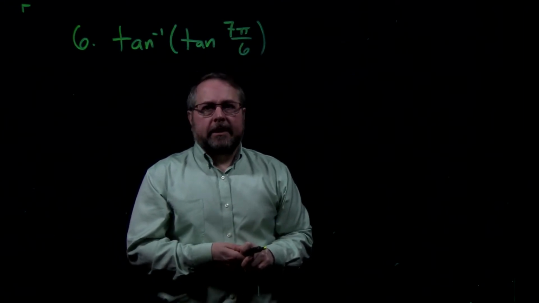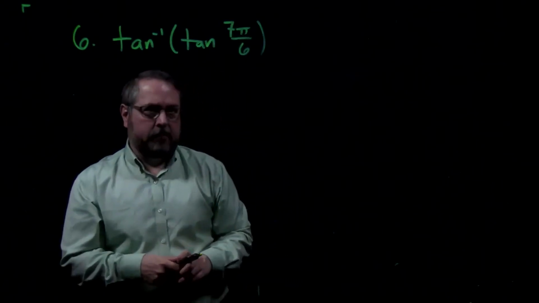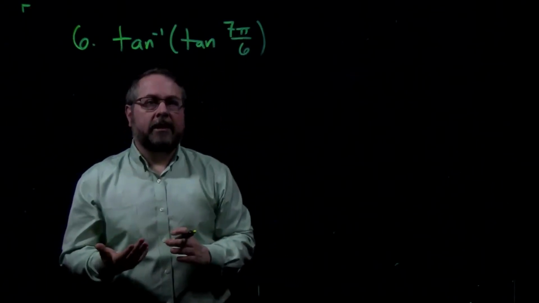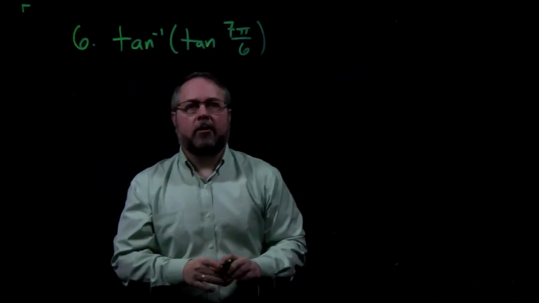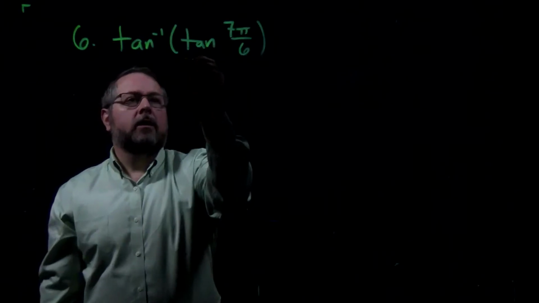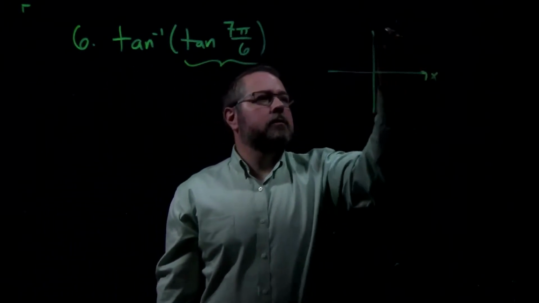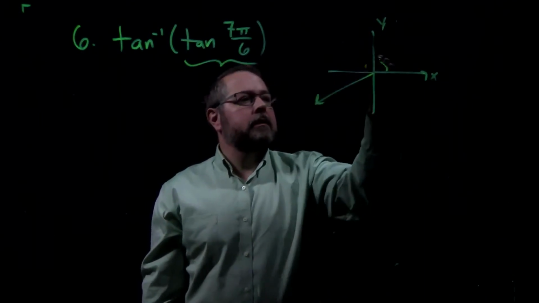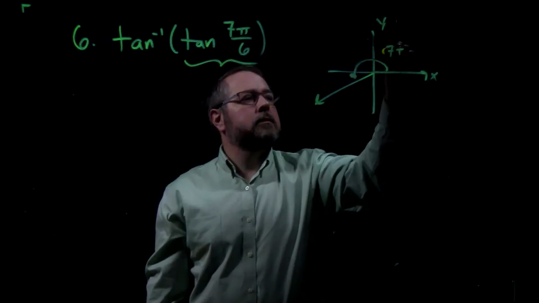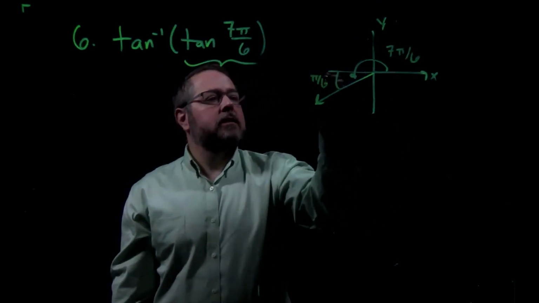All right, so this is actually one that we can do by evaluation. We don't have to think too hard about definitions here. So let's go ahead and do this by evaluating the inside to start. The tangent of 7 pi over 6, just to remind you, 7 pi over 6 is a third quadrant angle with a reference angle of pi over 6.